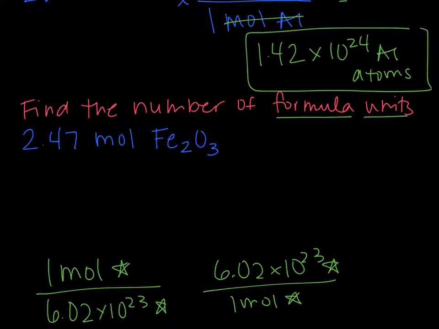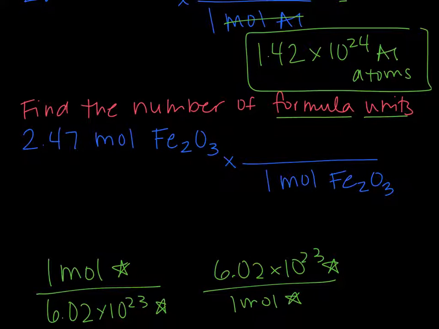All right, so we have 2.47 moles of iron 3 oxide, and we want to know the number of molecules or formula units. So 1 mole has to go on the bottom so that moles cancel out, of Fe2O3 is equal to 6.02 times 10 to the 23rd Fe2O3s.